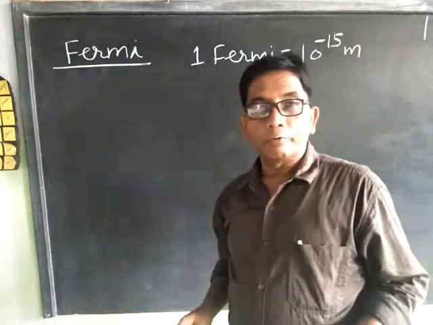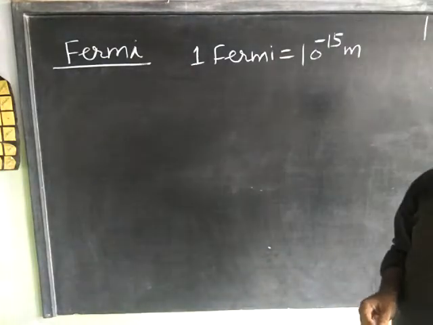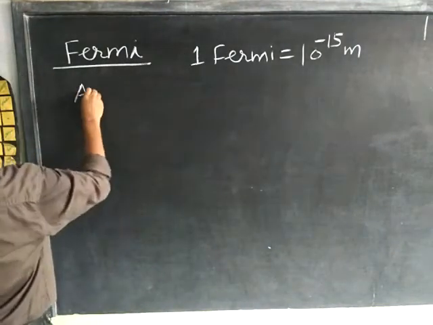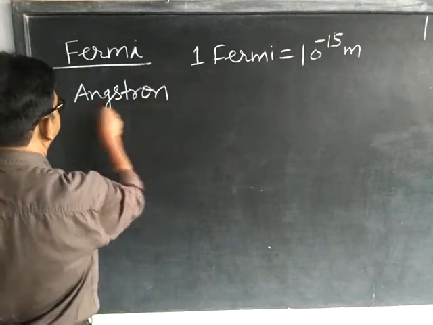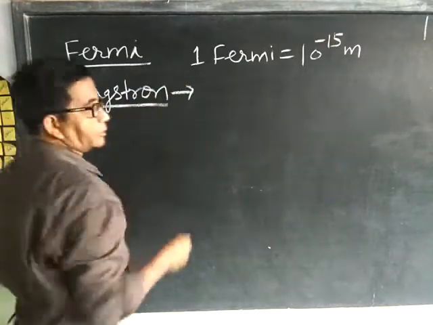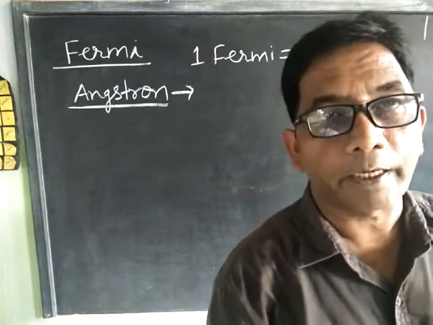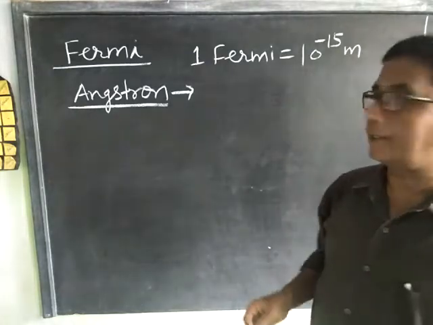Now we will define angstrom. It is used to measure the wavelength of light.